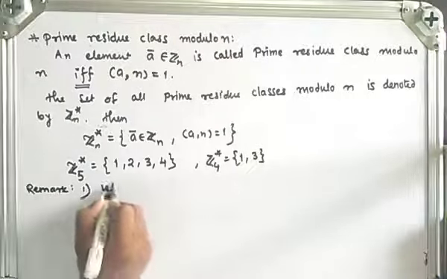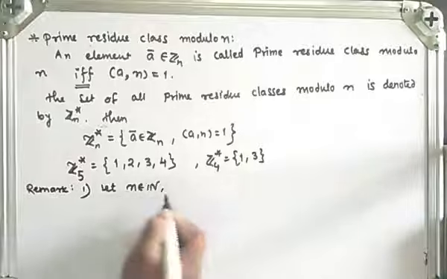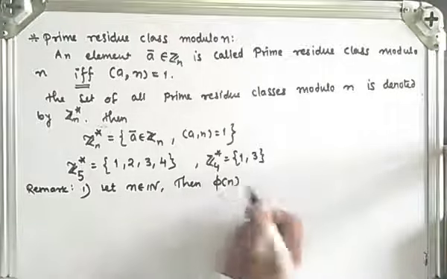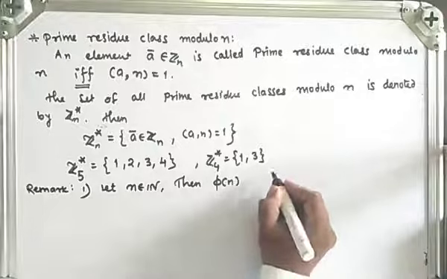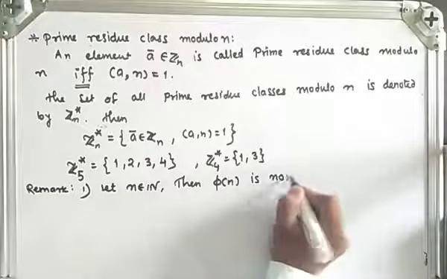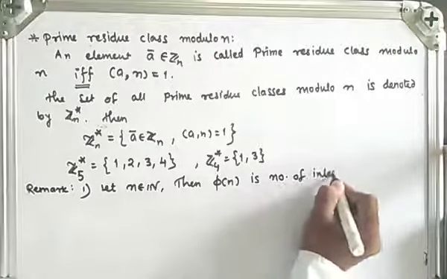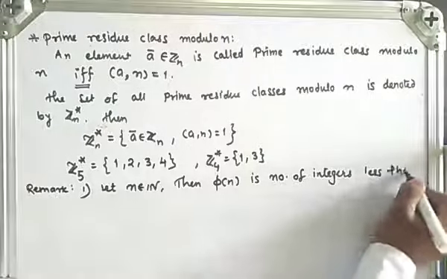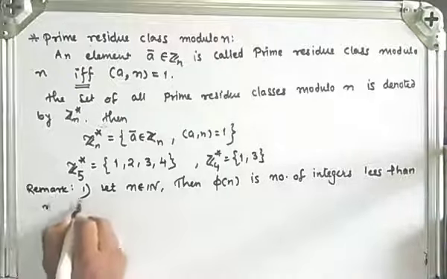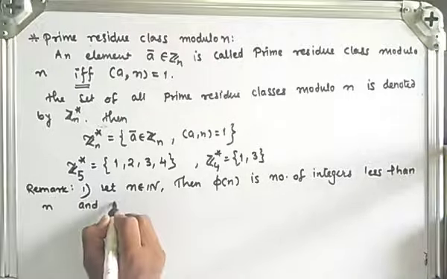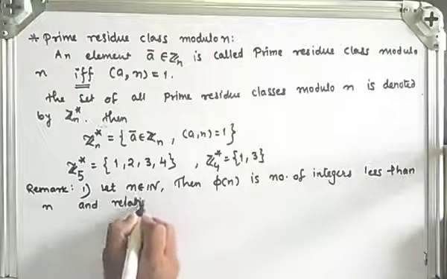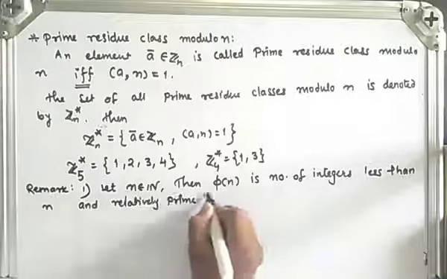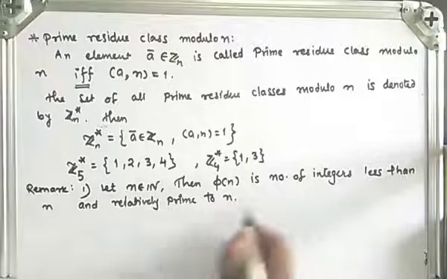First, let n belong to the set of natural numbers. Then phi of n is the number of integers less than n and relatively prime to n.